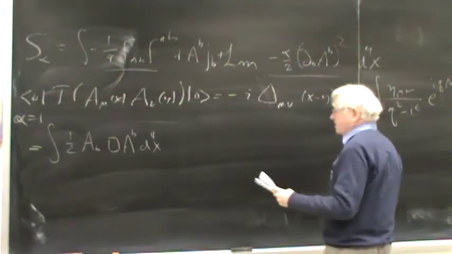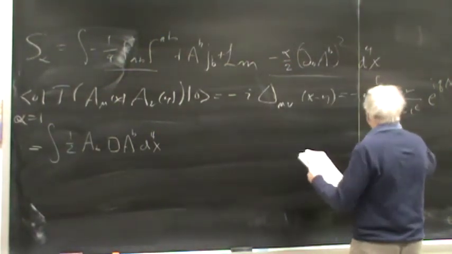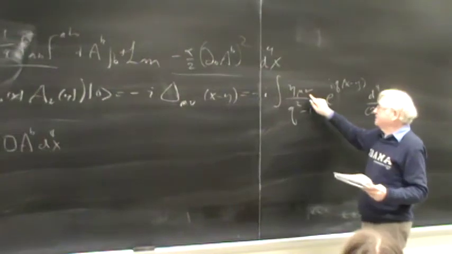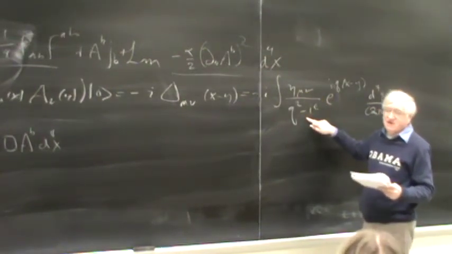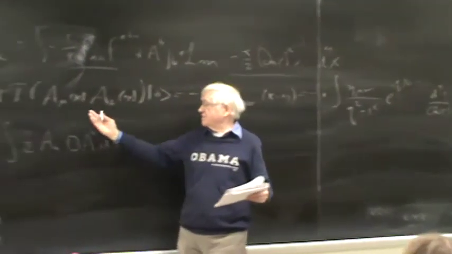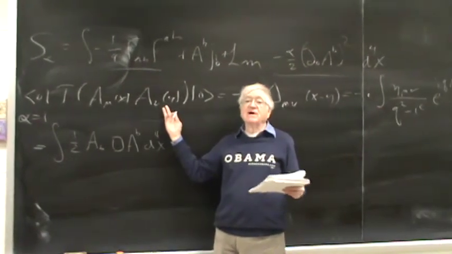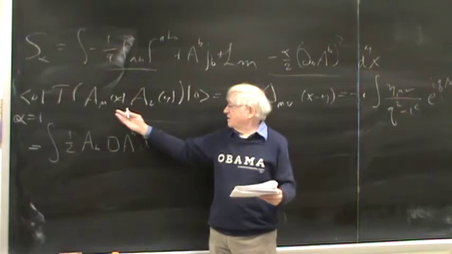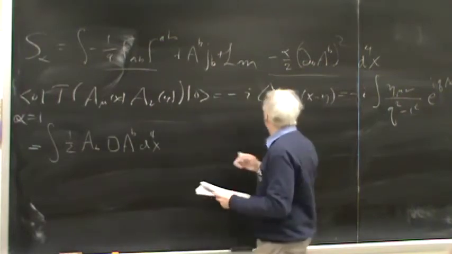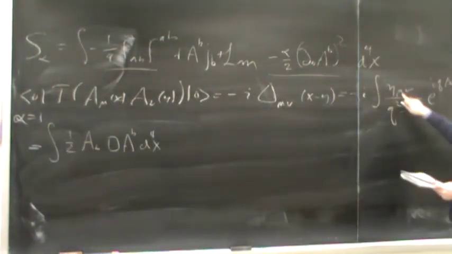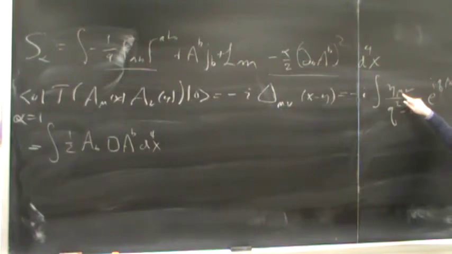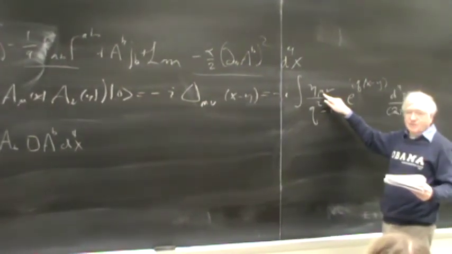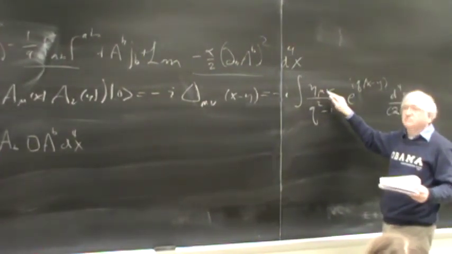The propagator then is this. In other words, it's 4 separate propagators. These things don't talk to each other. If this is 1 and that's 2, you get 0. But if both are 0, then you get this with eta 0, 0, which is minus 1 in Weinberg land.